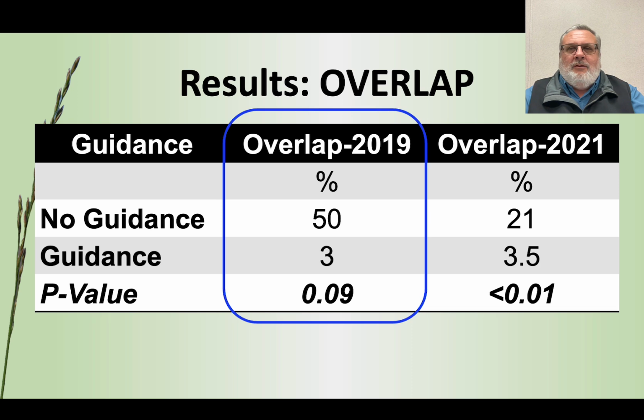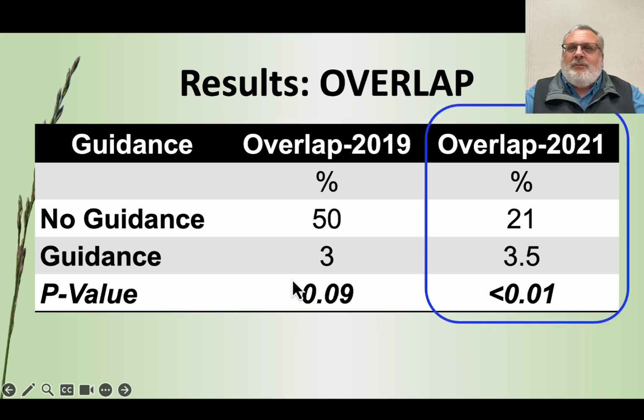When we looked at 2019, this was operator number 1. When he did not have guidance, his tendency was not to have skips. So he had a 50% overlap with no guidance. That was reduced to 3% when he used guidance.